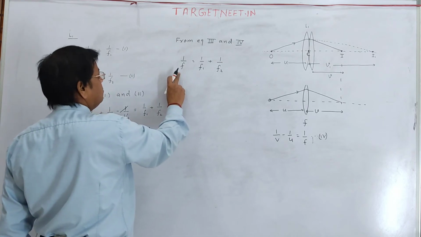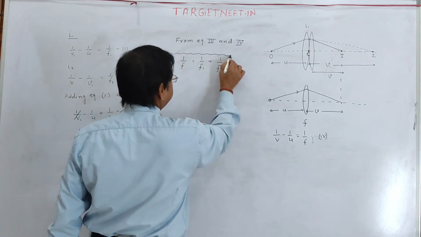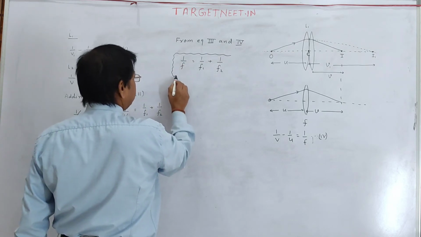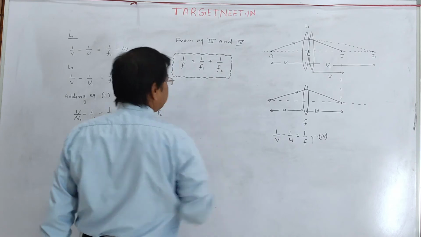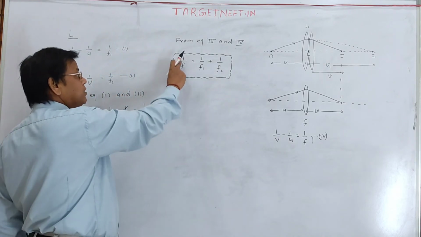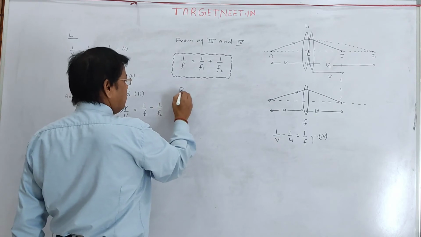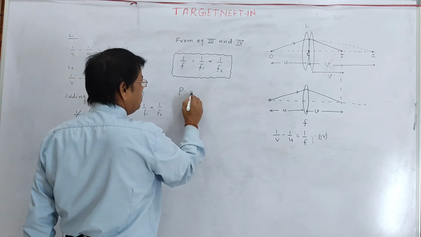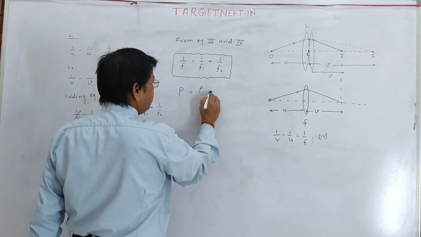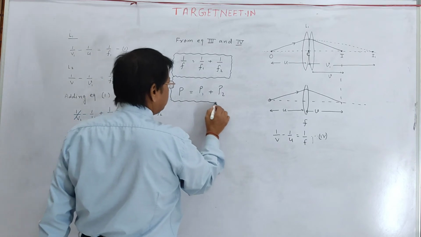So F is the equivalent focal length of these two lenses. So this is the formula. When two convex lenses are kept in contact, you can replace the two convex lenses by a single convex lens whose focal length is equal to this, or the power of the combined lens or equivalent lens is equal to the sum of the powers of the two lenses. So remember this formula.